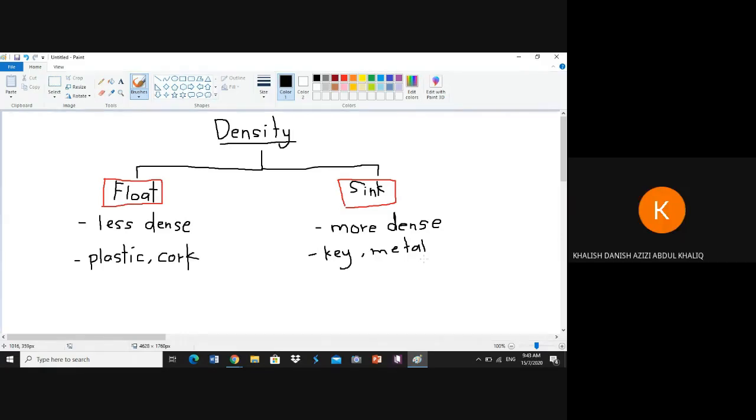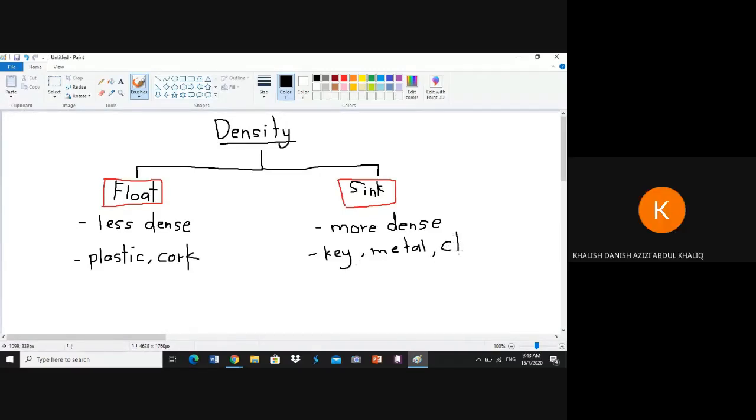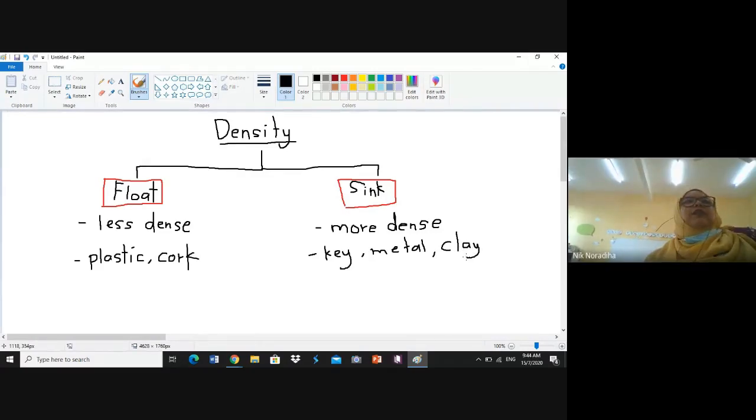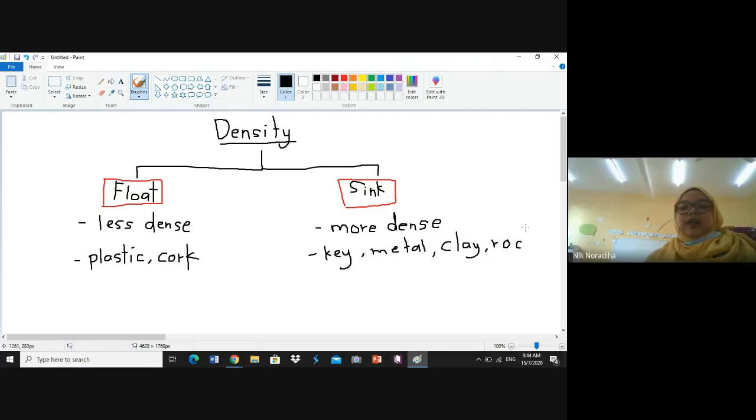Okay, so we have examples. Just now, if you want to add clay, you also can. Teacher, rock float? What do you think, rock float or sink? Sink. Of course rock sinks. What are the things that float?